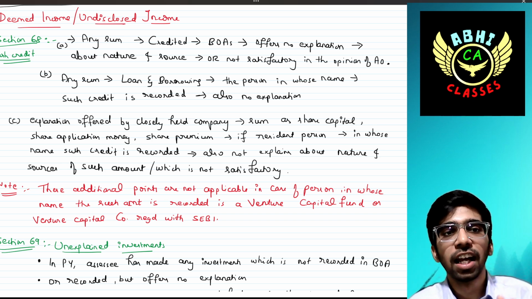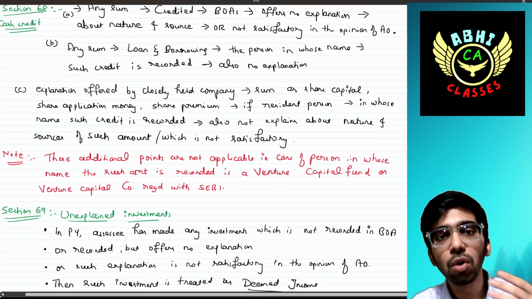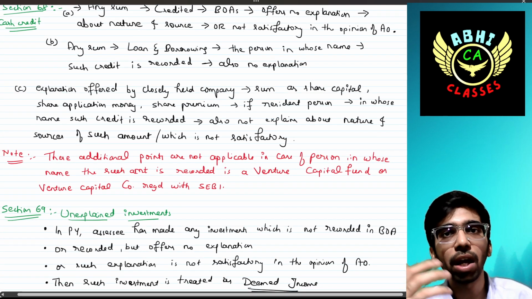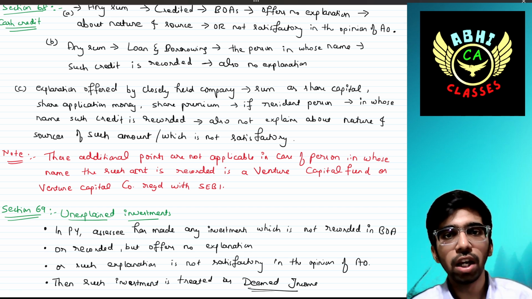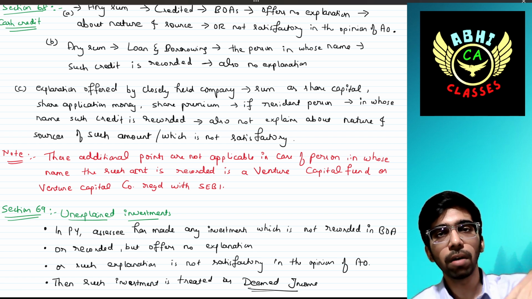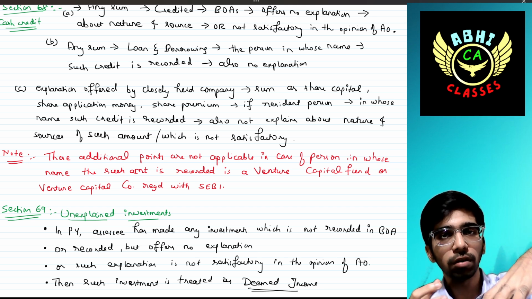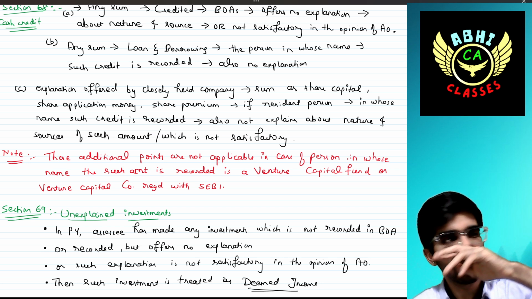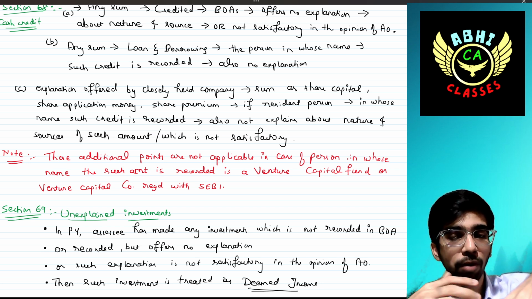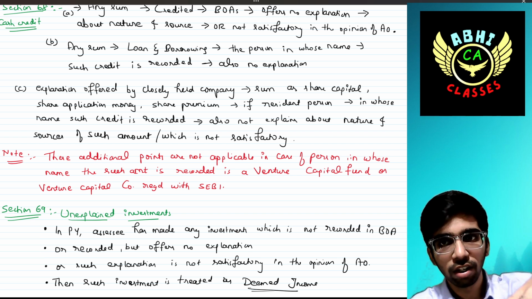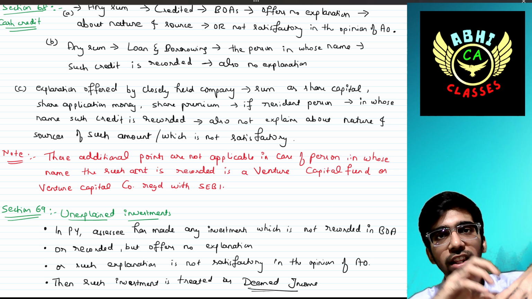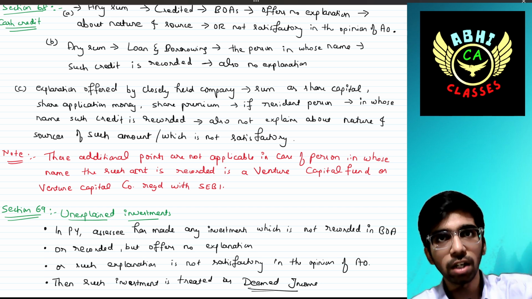Then the second explanation: offered by a closely held company, that is simply called a private limited company. Sum received as share capital, share application money, share premium, from a resident person in whose name such credit is recorded. For example, ABC Company Private Limited has raised money from the shareholder called Y. Y has given an amount which is black in nature, and ABC Company Private Limited has accepted that amount.